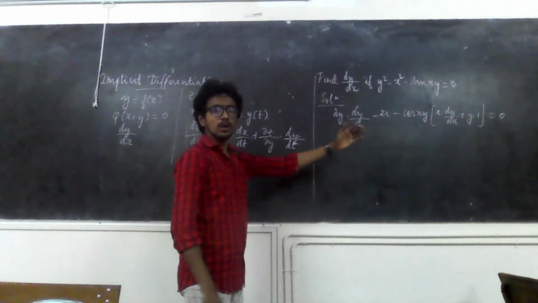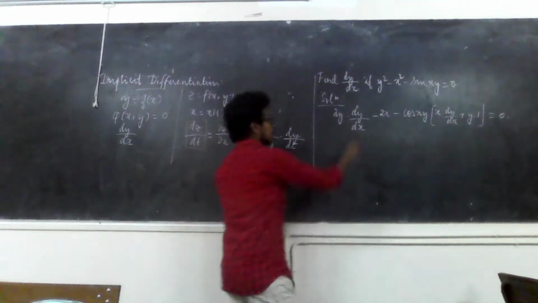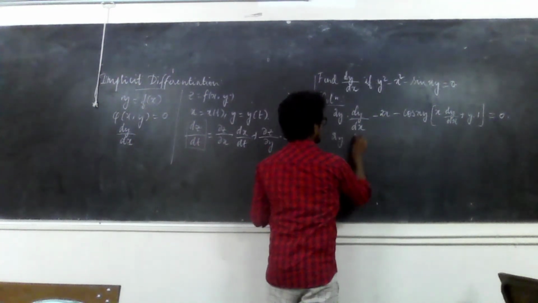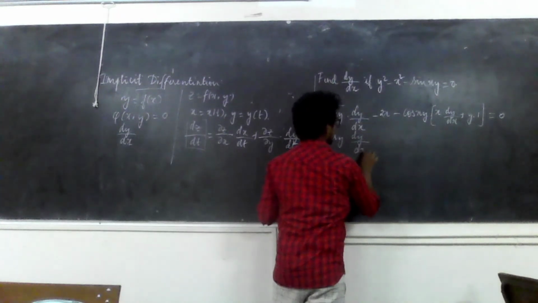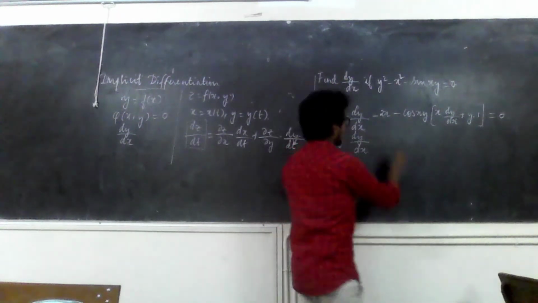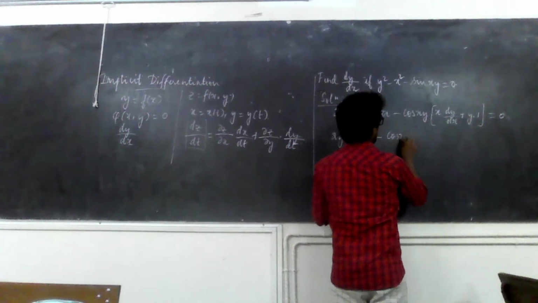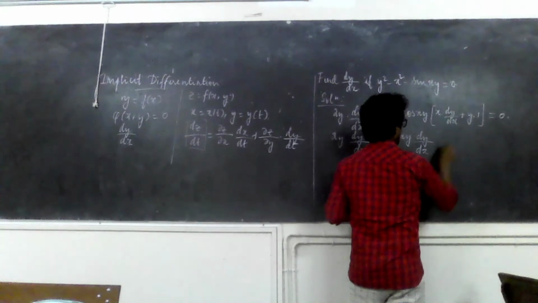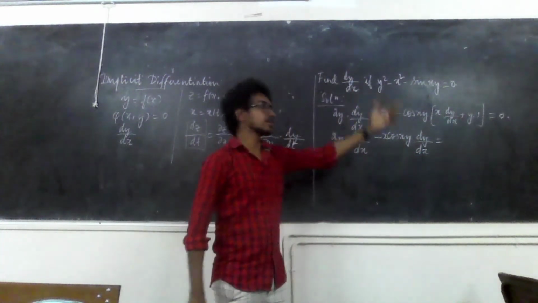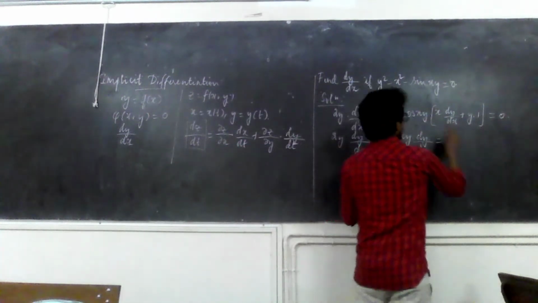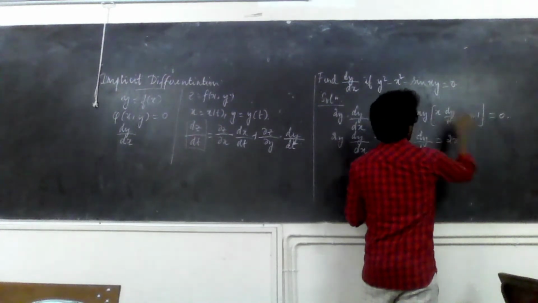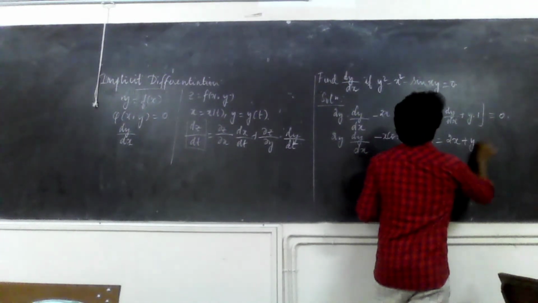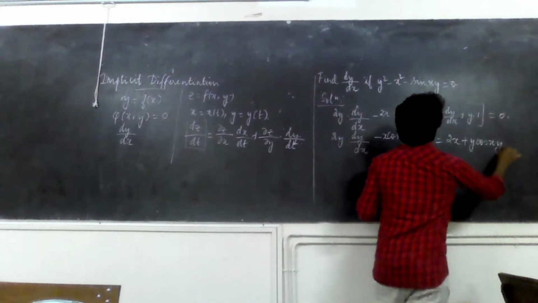Now, if you combine all the terms involving dy upon dx together, that is 2y times dy upon dx minus x cos xy multiplied with dy upon dx, and take the rest of the terms to the other side, it is going to be 2x plus y cos xy.